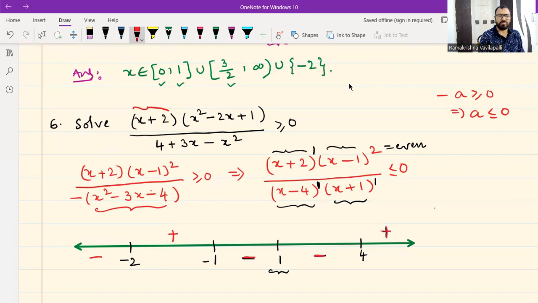So the question is solved. If you want to, it is not necessary to draw this wavy curve when you are solving a question in your notes because it will waste your time.